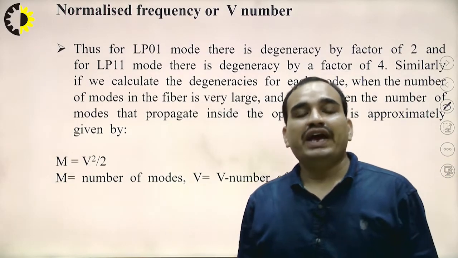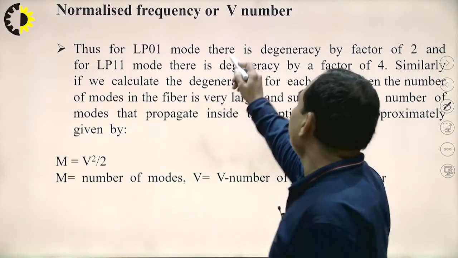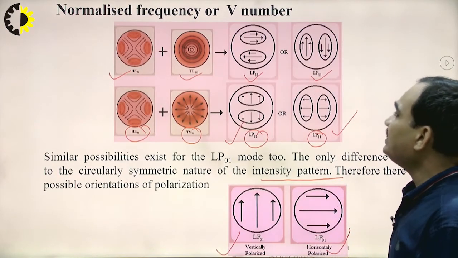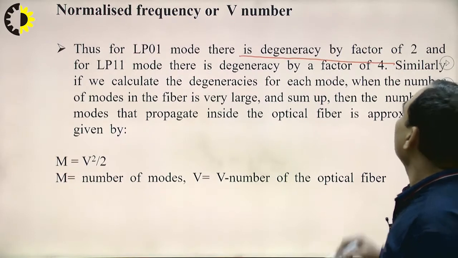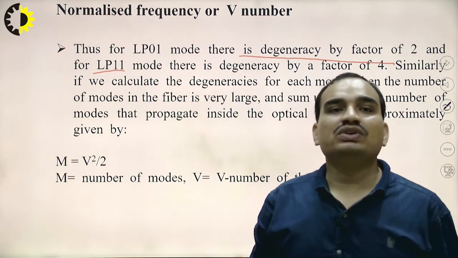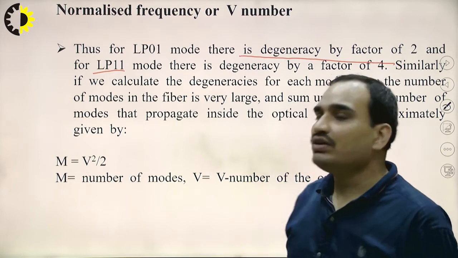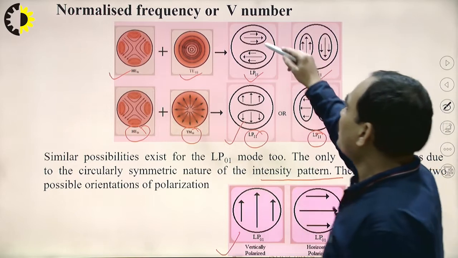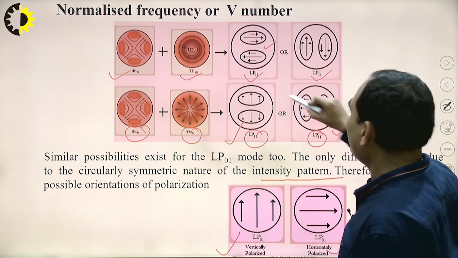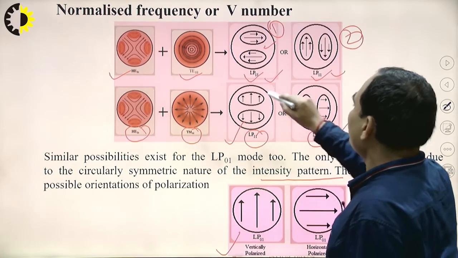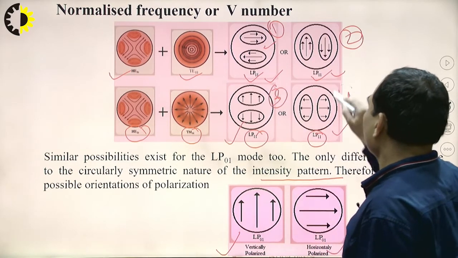Thus for LP01 mode, there is a degeneracy of 2, and for LP11 mode, there is a degeneracy of a factor 4, because LP11 mode has 4 possible patterns: 1, 2, 3 and 4.